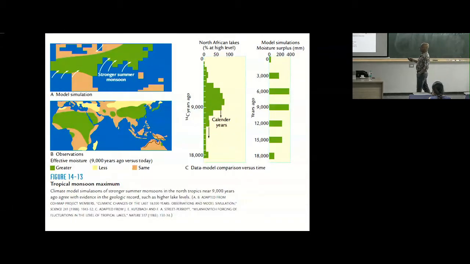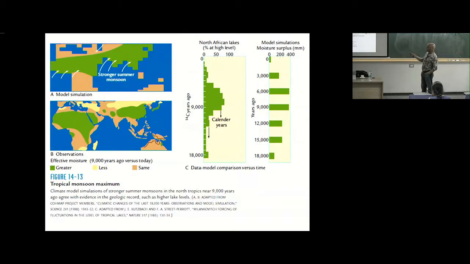So you would have stronger monsoonal circulation. So the African region was, you can see here, this is in C14 years, North African lake levels around 9,000 to about 6,000 years ago, they peaked, and now they have almost completely disappeared, right?